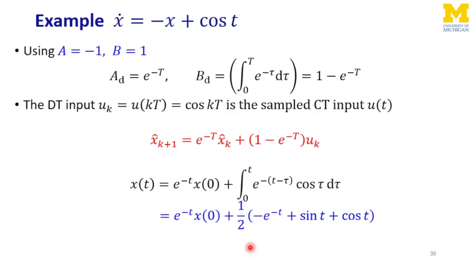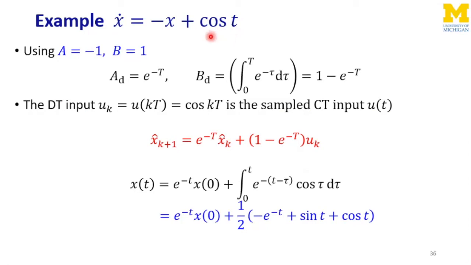So let's again look at an example. In this case, we are going to look at this continuous time system, x dot equals minus x plus cosine of t. So in this case, A is -1 and B equals 1. The input is cosine t.